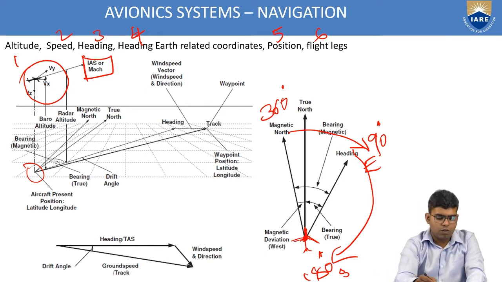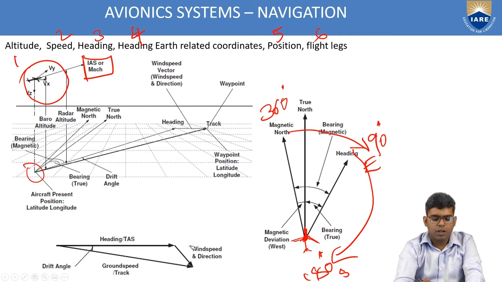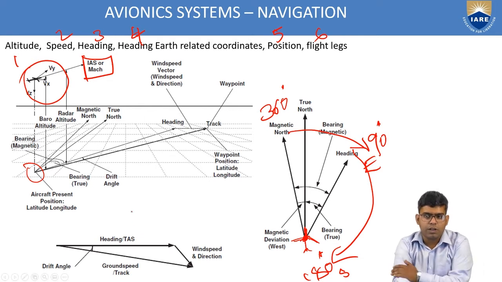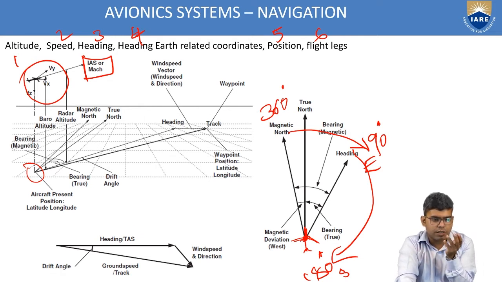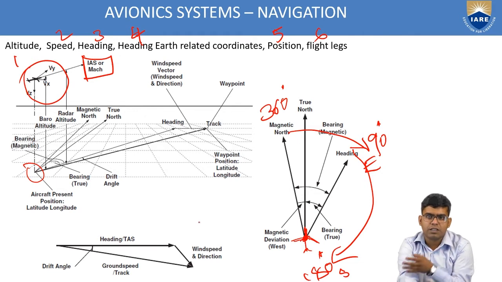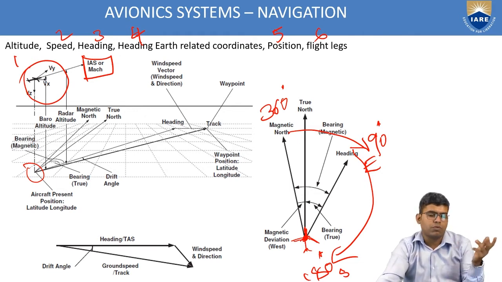Right down over here, you can see the heading and the true airspeed of an aircraft, which are pointed towards your right. When a pilot is flying his aircraft, he will also need the wind speed. Let us say that my wind is around 20 kilometers per hour towards the northeast, just for an example.